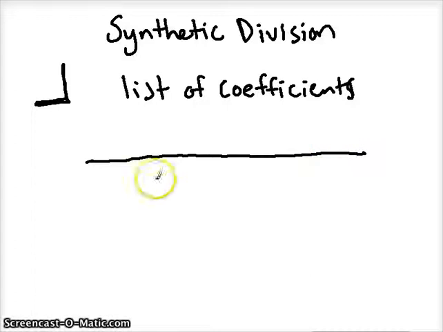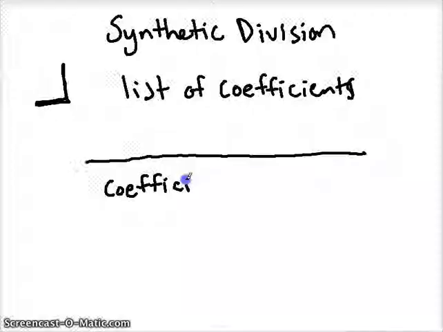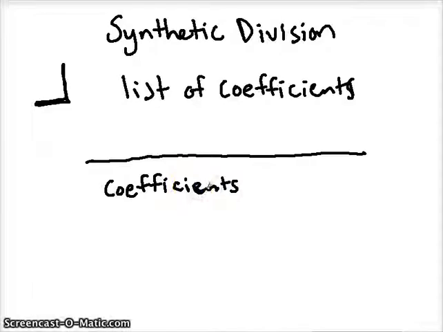And eventually what we're going to get down here is going to be the coefficients of our quotient or our answer. Okay. So if you want to go ahead and set that up, and I'll rewrite our polynomial, and we'll plug everything into the right spot and go through the process.